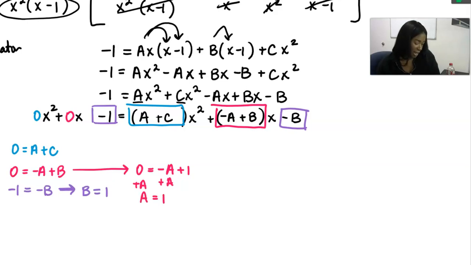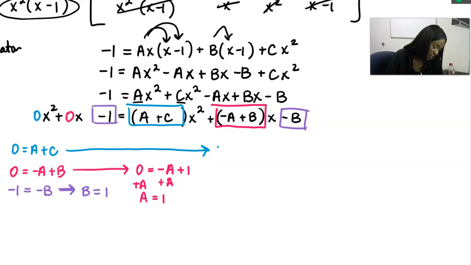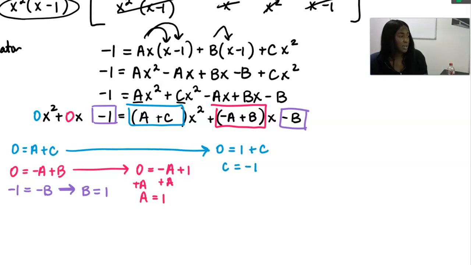Now we can plug that into the first equation. If A is equal to 1, this equation is 0 equals 1 plus C. I'm going to subtract 1 from both sides to see that C is equal to negative 1. So now we have A, we have B, and we have C.